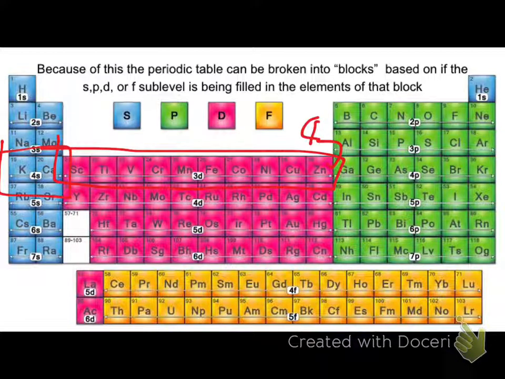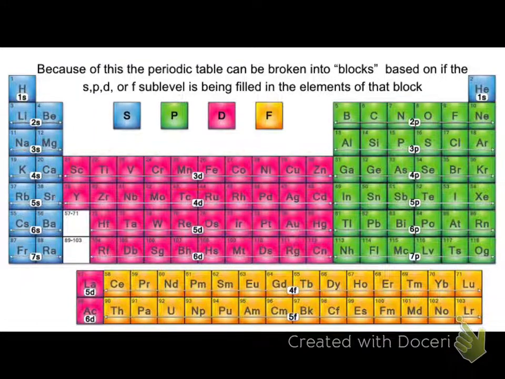Because of that fill order that we talked about, the energy levels. 4s is slightly lower energy than 3d, so it fills first. And so that's why we put this block here, even though it's technically in the third energy level, it fills after the fourth. So we just put it down a row to help us remember that it fills after. All right.